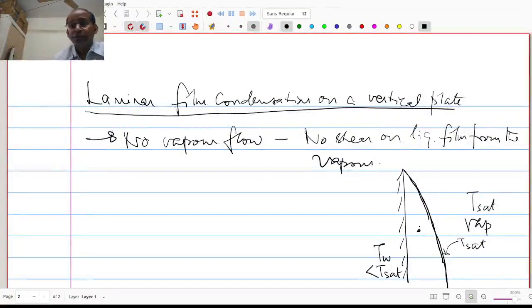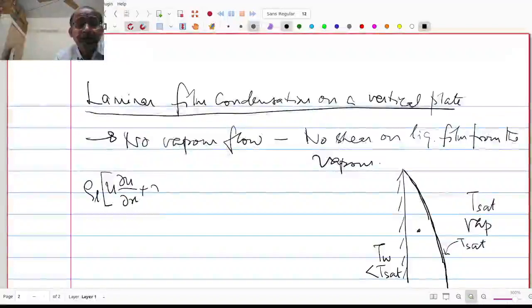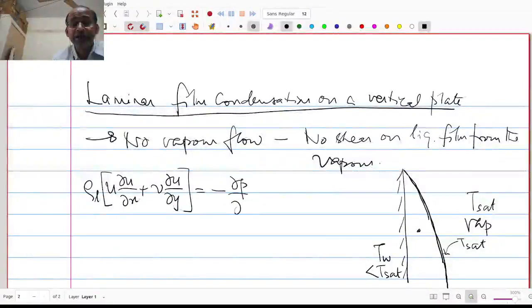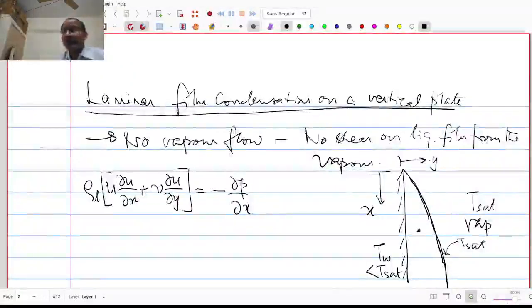Okay, so with boundary layer approximation, I can write this as rho L, which is the density of the liquid, multiplied by u del u by del x plus v del u by del y, which is the inertia term or the advection term, is equal to minus del P by del x. Now here the x direction is this, and of course the y direction is this. Okay, so u is the velocity in the x direction and v is the velocity in the y direction. This is what we are writing.